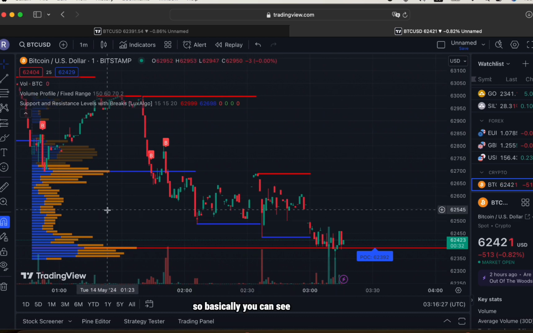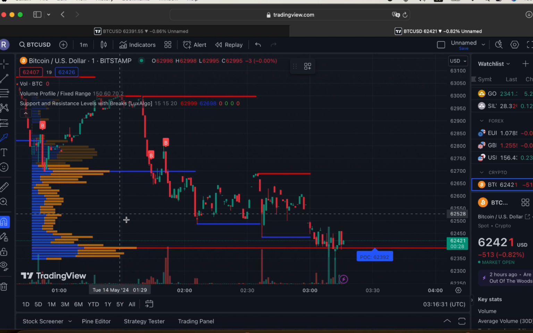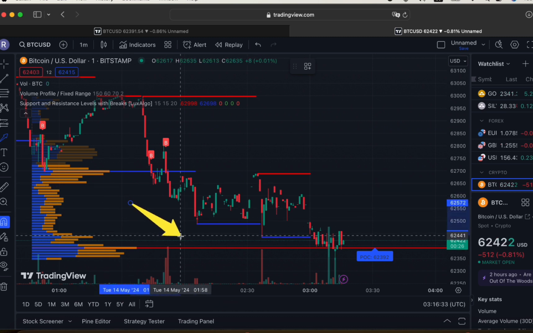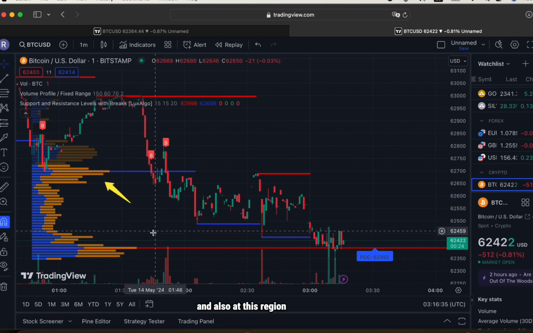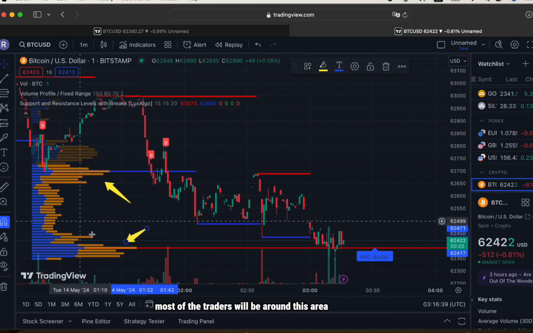Basically, you can see at this region and also at this region, most of the traders will be around this area.